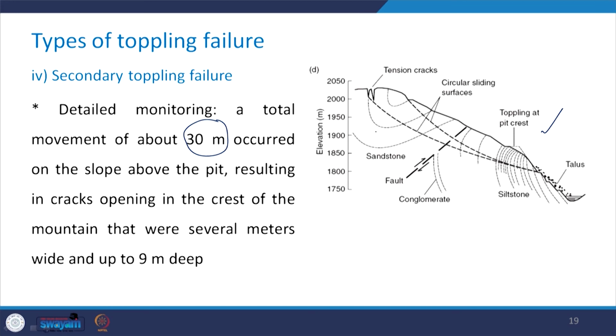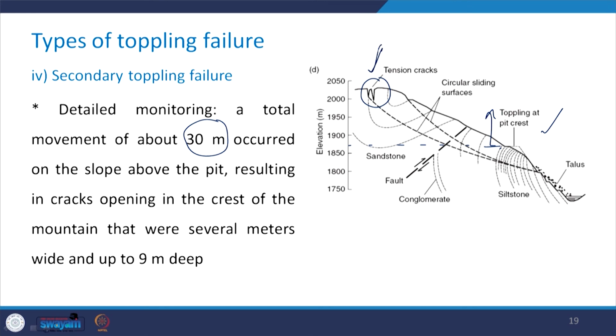See here, 30 meter on the slope above the pit, that means here above the pit, and this resulted in the crack opening at the crest of the mountain, which is here. These cracks were several meters wide and up to 9 meters deep.